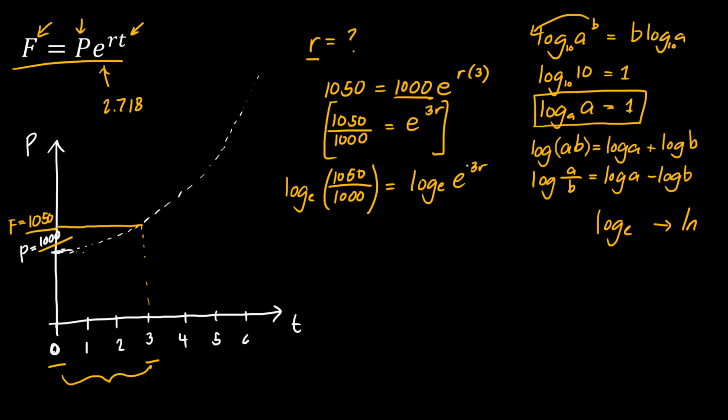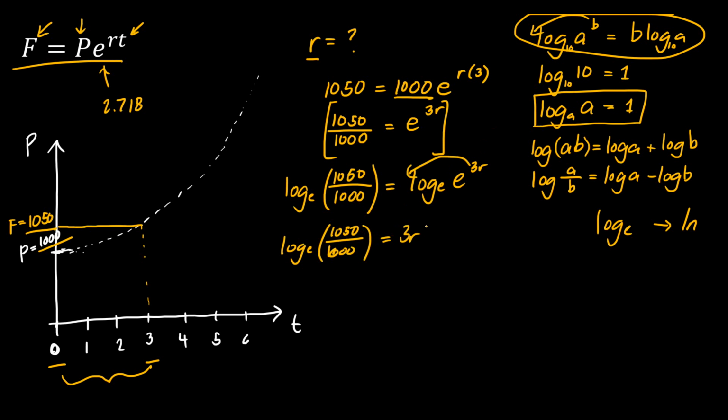So first of all, we can bring down the exponent here: 3r log e. That's the first thing before we apply this one. Now this is equal to 1, and now we can separate this.